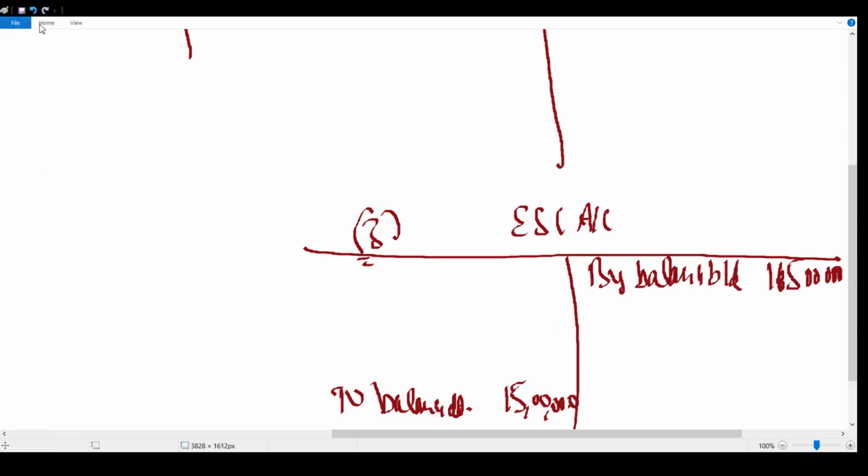Again opposite, I wrote 16 lakhs 50,000. Now, machinery was purchased from equity share capital. Okay, the amount was rupees 1 lakh.